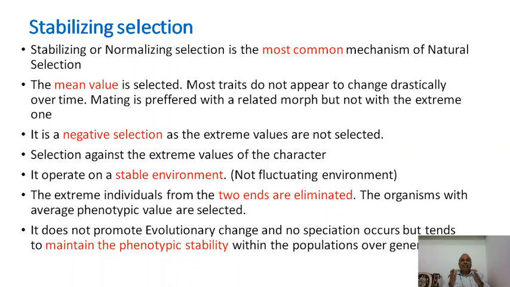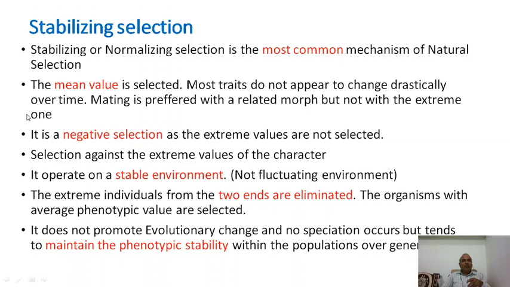But it tends to maintain the stability of phenotype within the population over generations. So we need to understand that stabilizing selection is a negative selection against individuals having extreme values. It does not promote evolution, but it maintains the stability of the species. That is the very, very important thing.